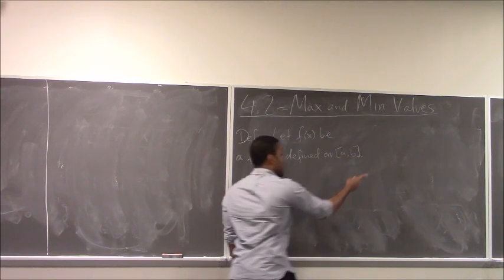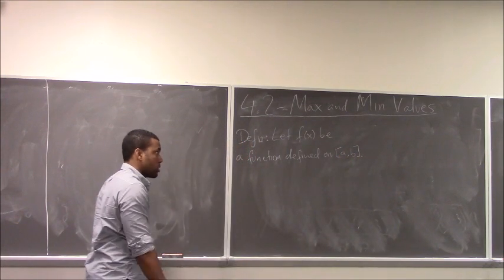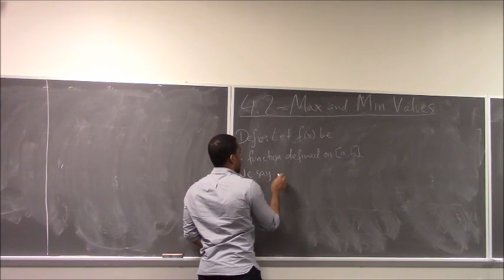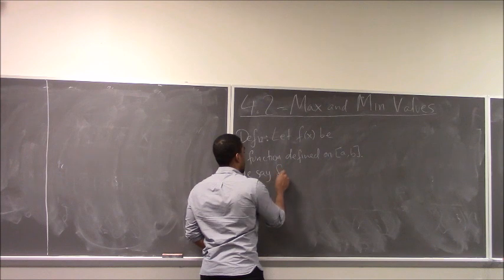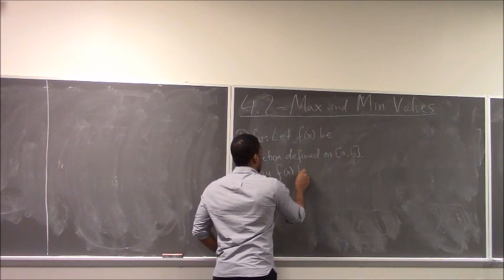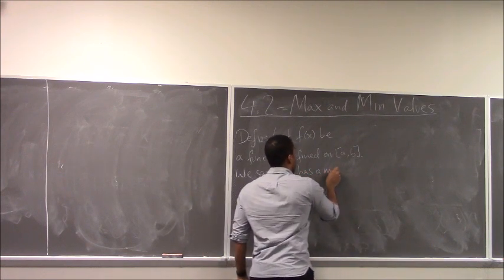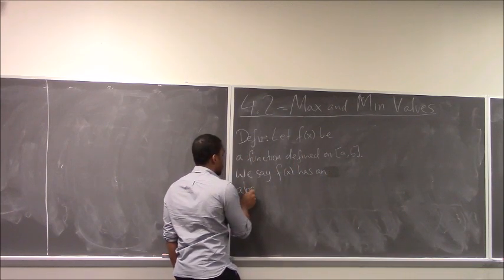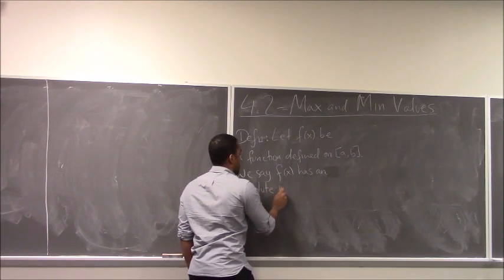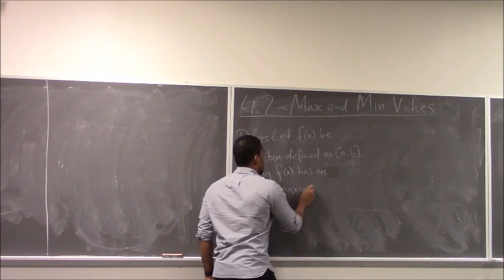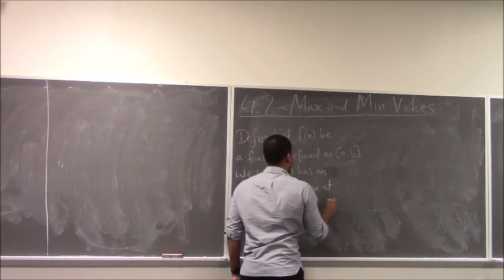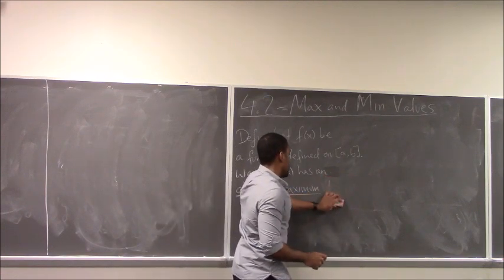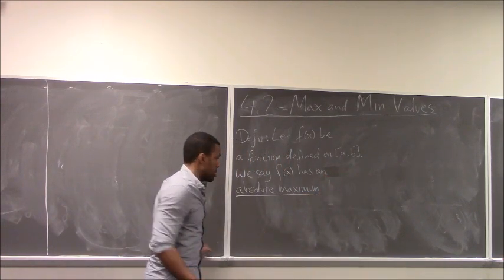So there's a function and I give you an interval, some closed interval. And we can say it has an absolute maximum. Another word for that, I'll usually use the word absolute, but there's another word.